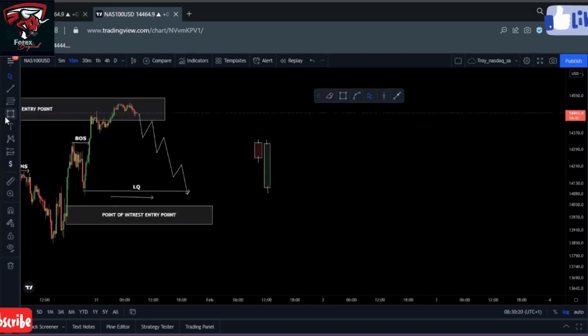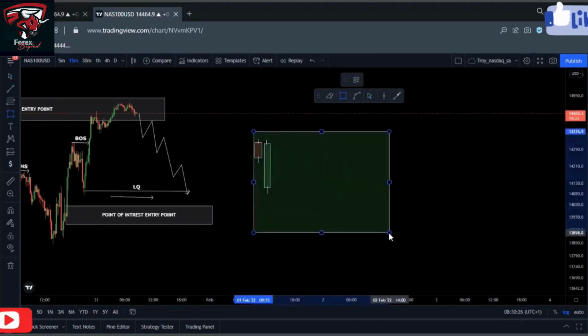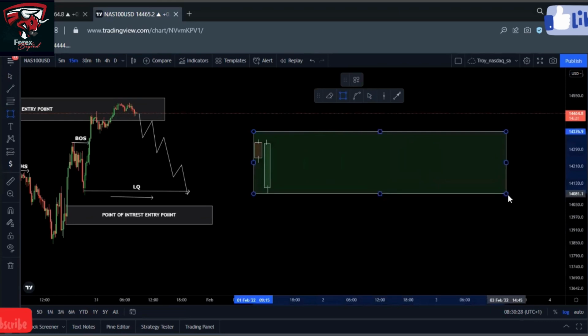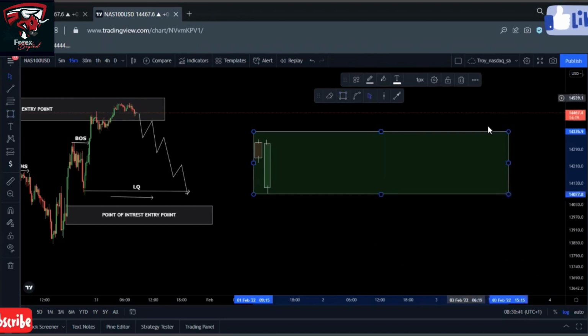This is where you highlight your point of interest, and then highlight the order block. You don't need to highlight all those candlesticks like this. You don't do that. You don't highlight your order block like this.